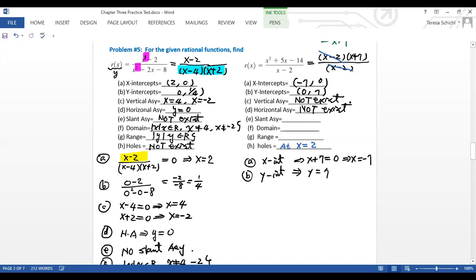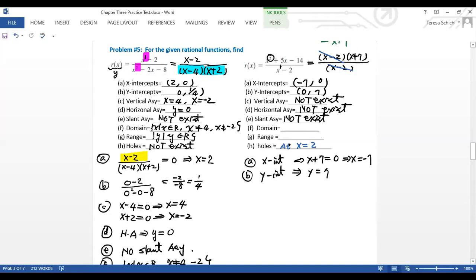Do we have any slant asymptote? No, because this one is canceled. Don't just look and say, hey, yes, because the numerator degree is greater. In general, it's true that if this is greater than this one, I have a slant asymptote. But these ones here cancel out, so the slant asymptote does not exist.